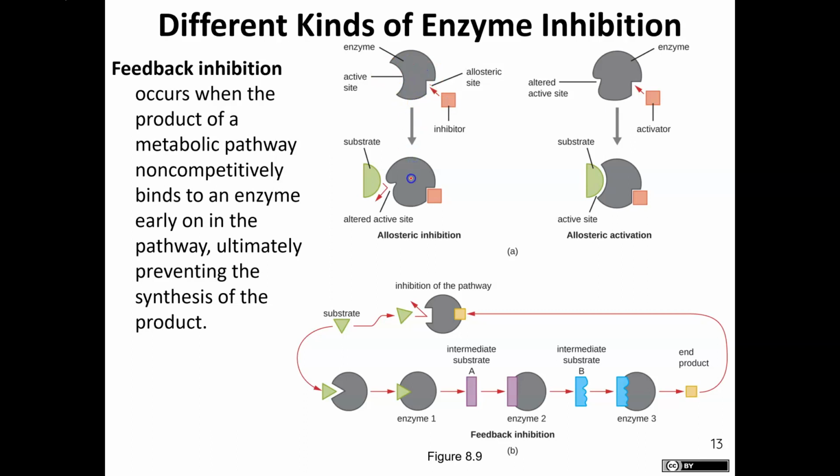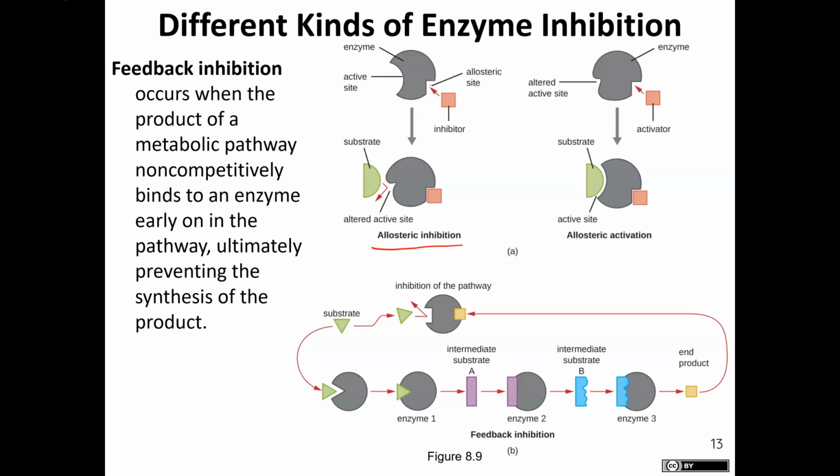In this case, we have allosteric inhibition occurring, and allosteric inhibition, when it occurs, it's causing this enzyme to no longer function. So this often happens in metabolic pathways to inhibit the production of some end product.